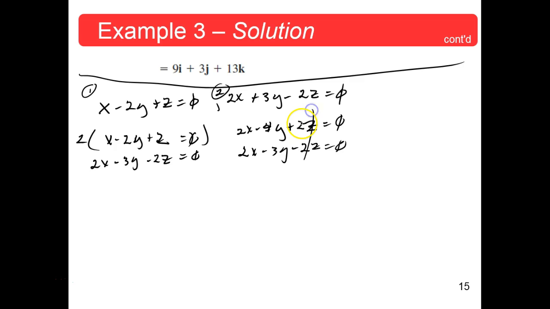Add those two together, you lose your z's, and you get 4x minus 7y is equal to 0. Solve for one of them, like x. 4x is equal to 7y. Divide by 4, and you get x equal 7/4 y. Okay?